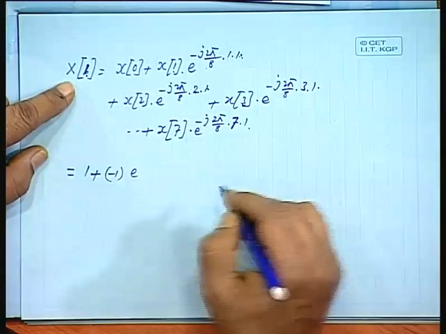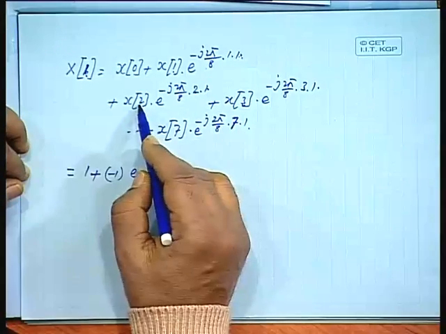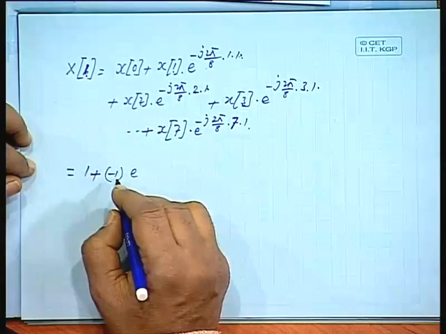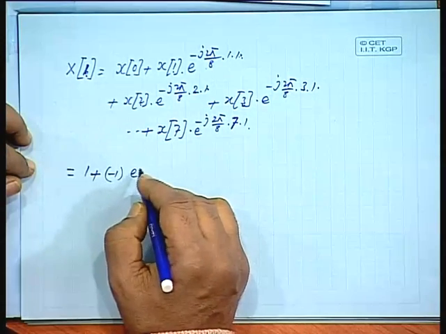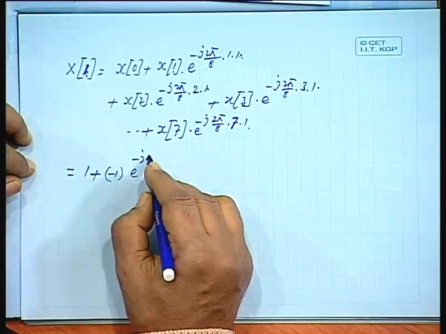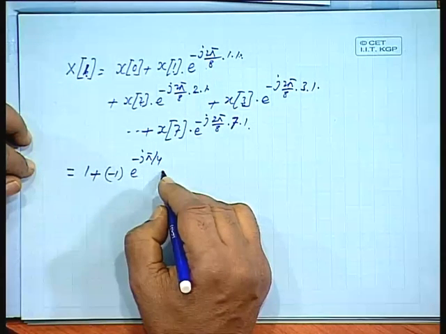So, e to the power minus j 2 pi by 8 is a basic element of rotation, minus 45 degrees, and it is to be multiplied by 1, 2, 3 depending on the sequence element x 2, x 3 and so on. So, the first element will be e to the power minus j pi by 4, okay.